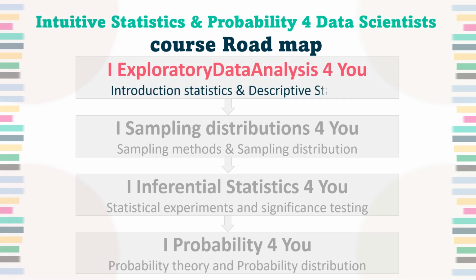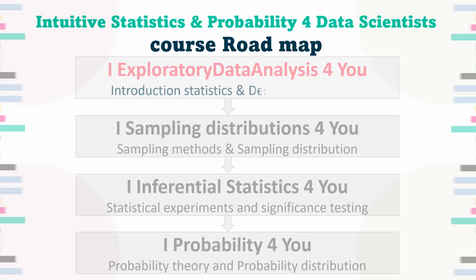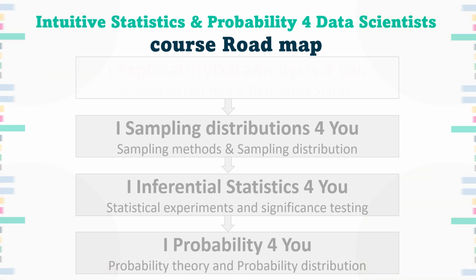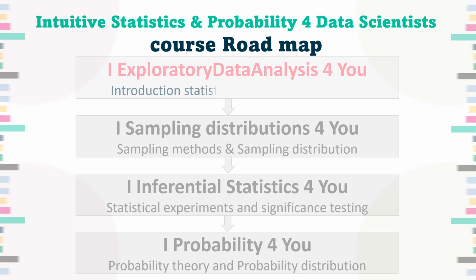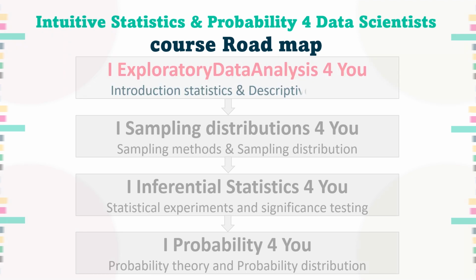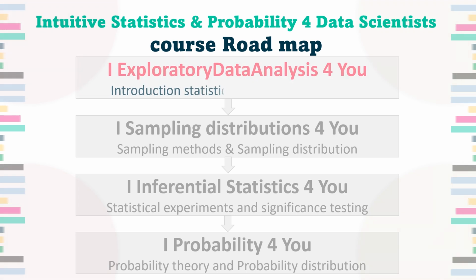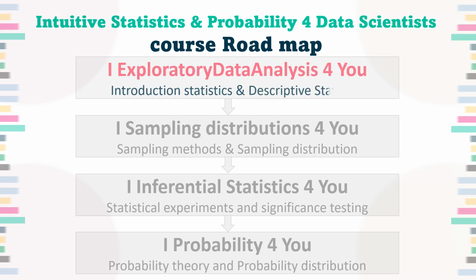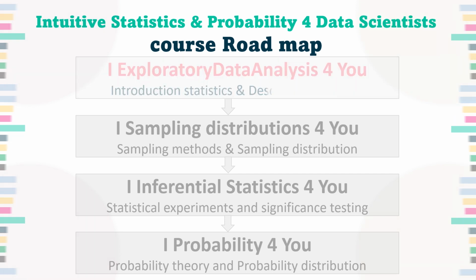So under the big umbrella of Intuitive Statistics and Probability for Data Scientists, the following are the sub courses. Under the umbrella of Intuitive Statistics and Probability for Data Scientists, we will have four other courses.